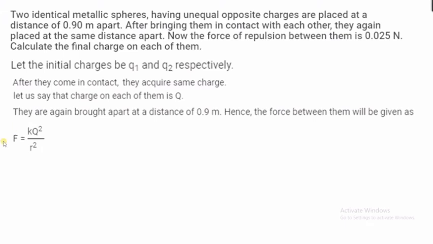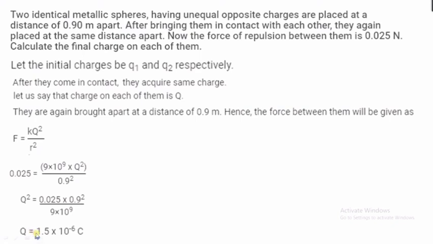Now I can put the value of force and the value of distance. I forgot to write given, so you should write given here, the things which are given. Now if I solve this, taking this 9 square up and this down, you will get q equal to 1.5 into 10 to the power minus 6 Coulomb.